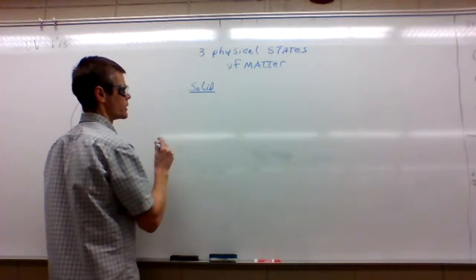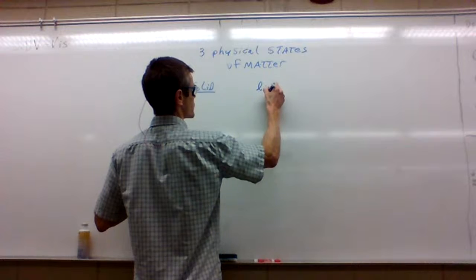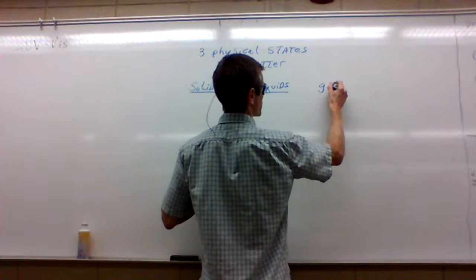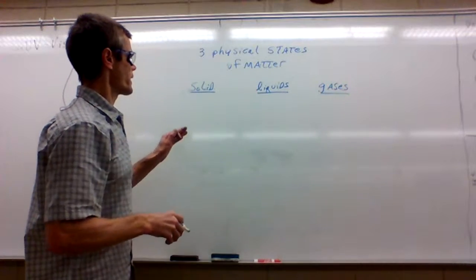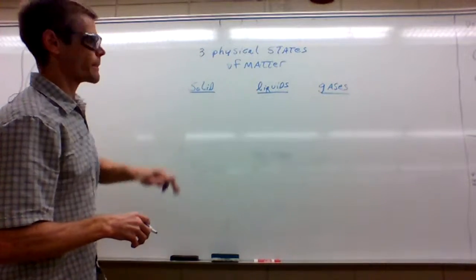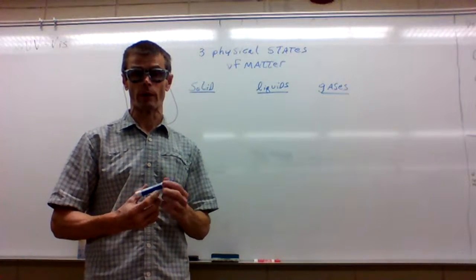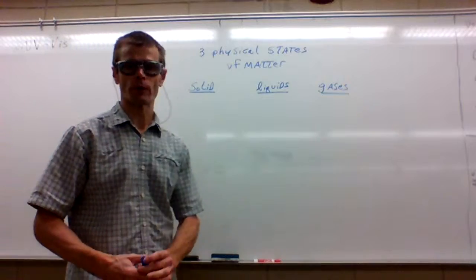And we're going to look at a solid, liquids, and gases. If we can identify particular properties of each of these physical states, it helps us to learn a little bit more about matter that we study in chemistry. Let's begin with the solid.